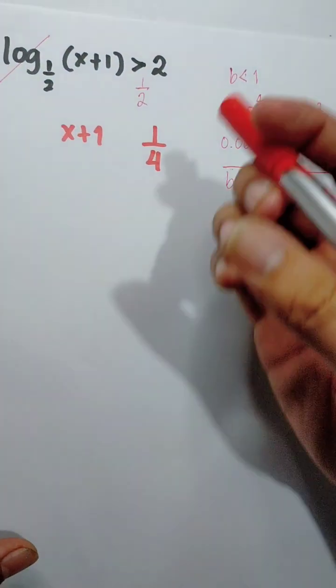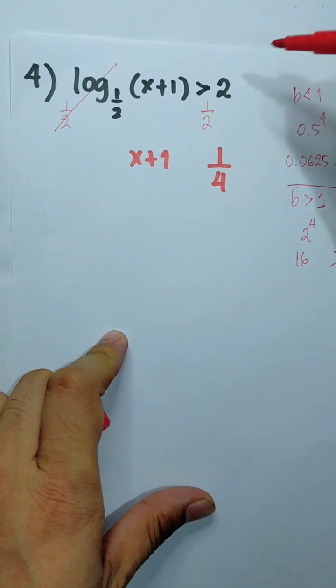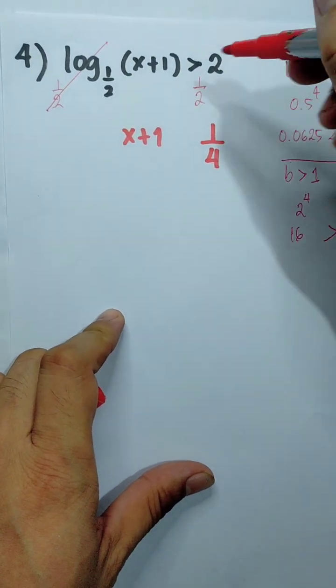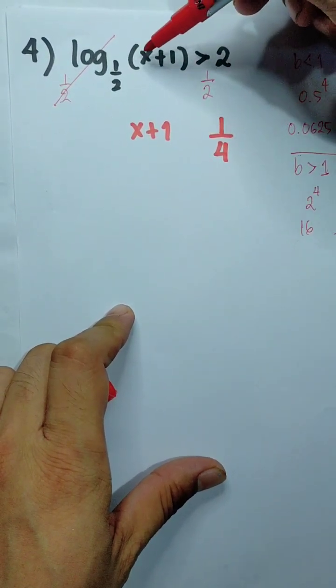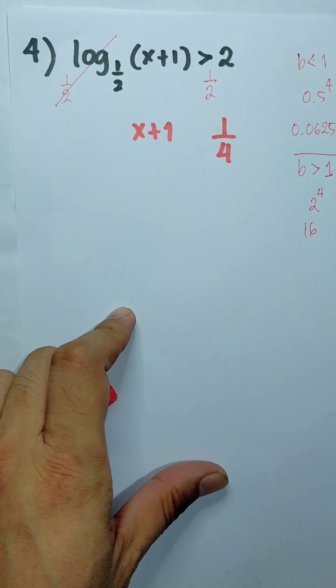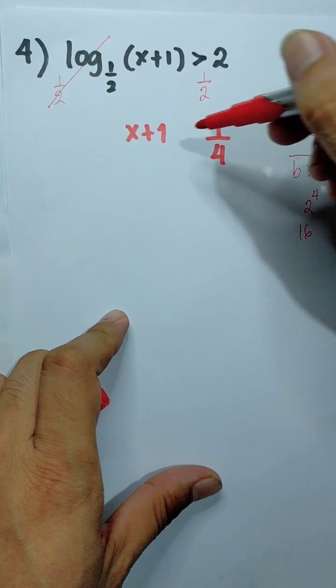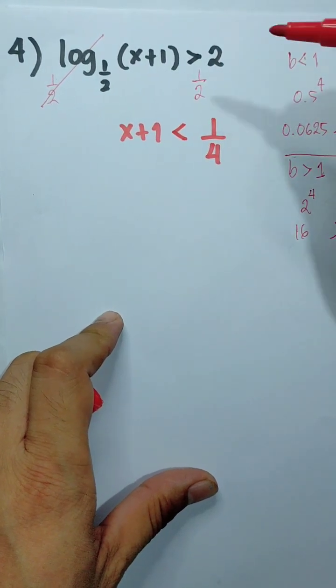So let's go back to our problem. Since our base is less than 1, the inequality will be reversed because this one has the bigger exponent here. This one is smaller, so the smaller exponent will have the bigger value. So the inequality will be reversed.